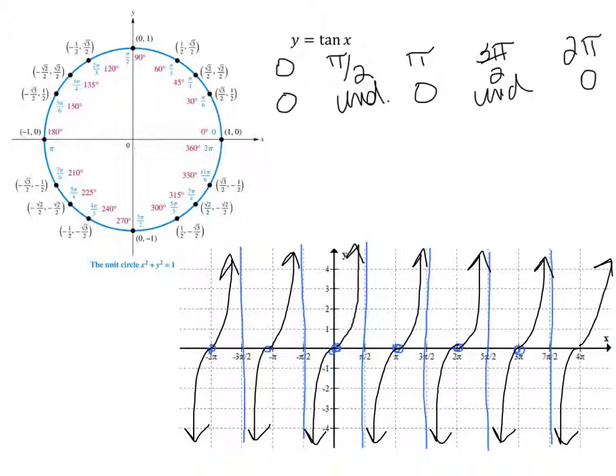The period on this graph, meaning where does it start to repeat itself, is pi. Because once we're down in this quadrant, it's going to be the same values as when we were up in this quadrant. So the period is pi units.